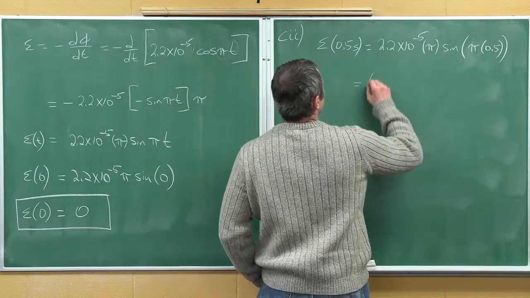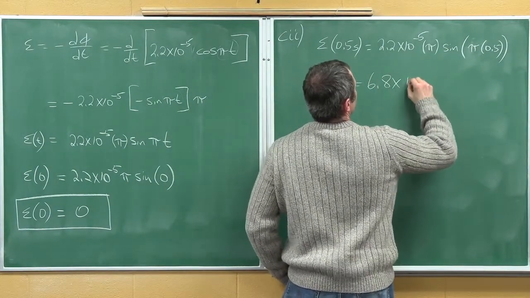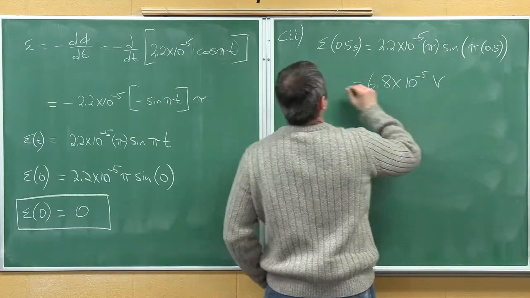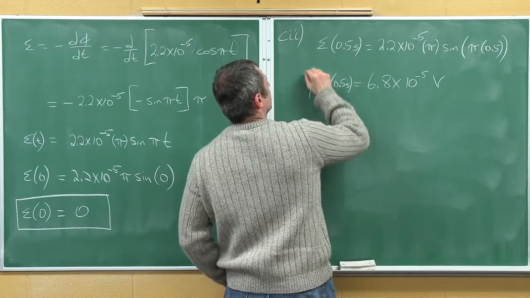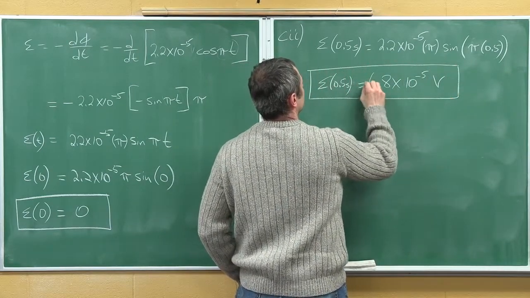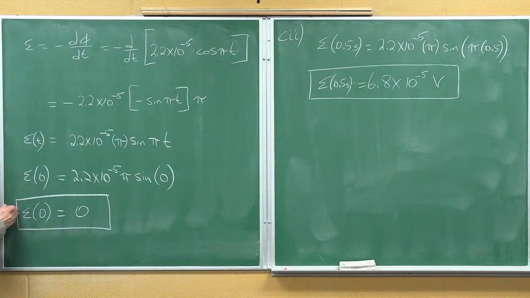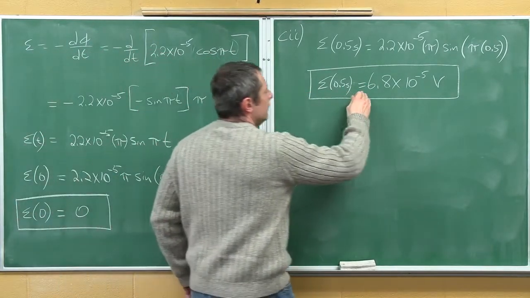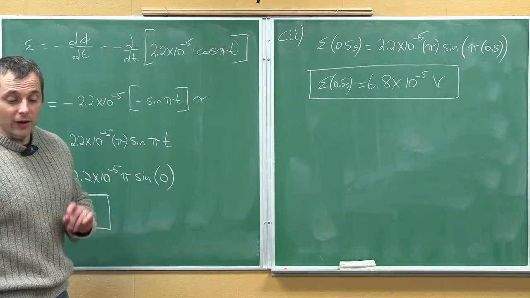Hopefully I wrote down the right answer, but you would just multiply that out. Okay, so there is the voltage. It's 0 in the beginning. The maximum is at half of a second, 6.8 times 10 to the minus 5 volts.